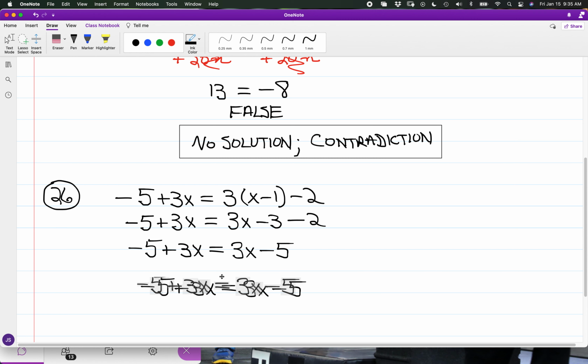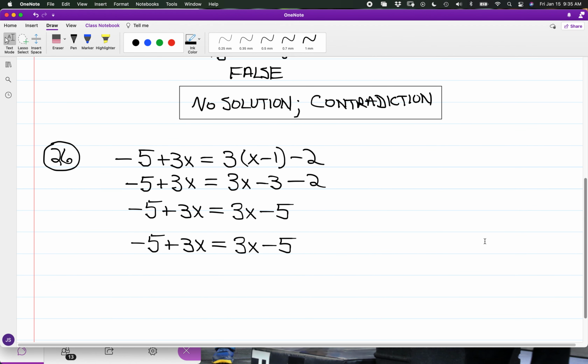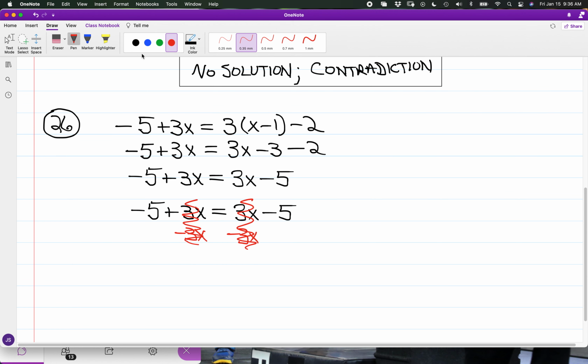And so for what we have now, if I once again combine the variable terms just like what I did with negative and positive 20 in terms of the operation, we're going to have taking 3x and subtracting. So you have 3x and negative 3x. So we're going to have the variable terms completely cancel out.